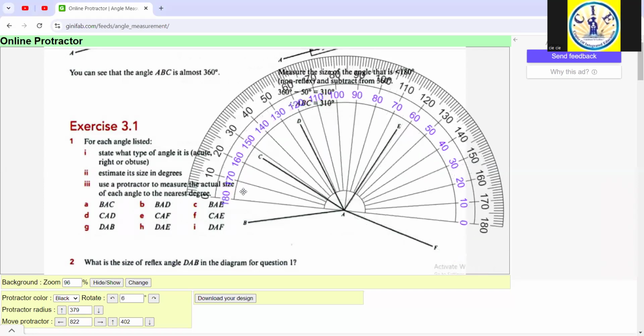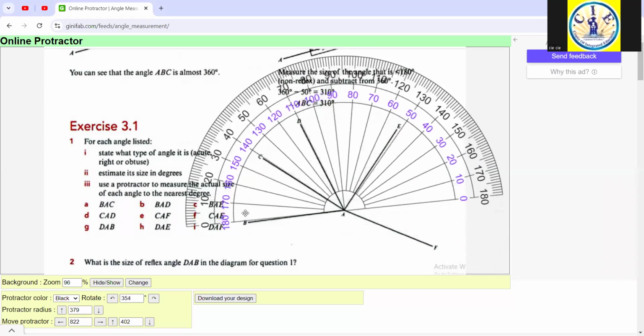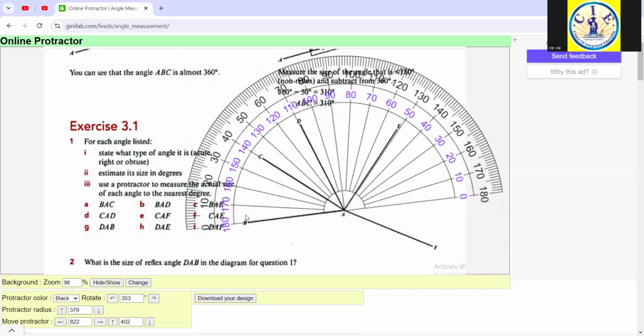Whether you measure it this way or this way, the angle is going to be of the same size.